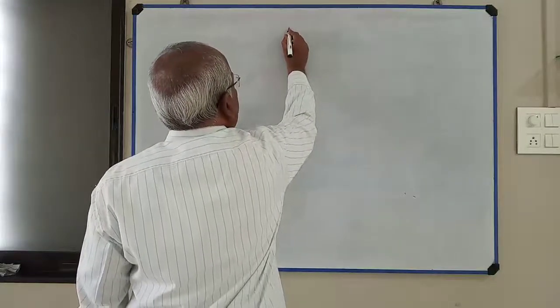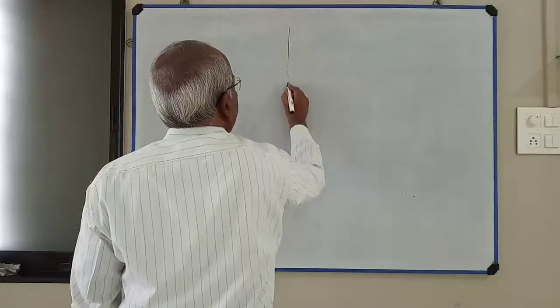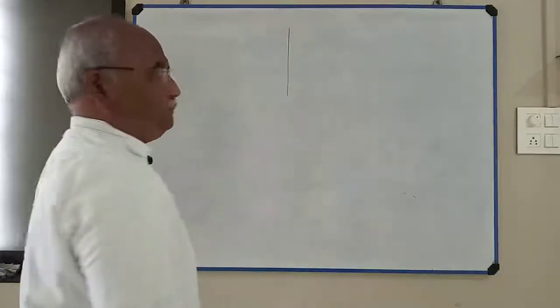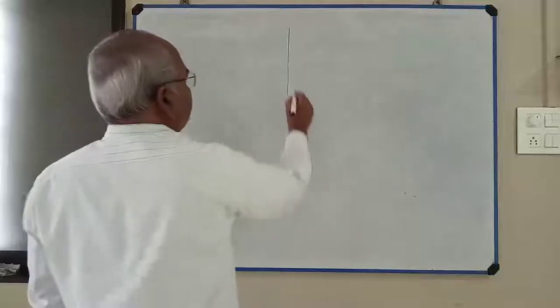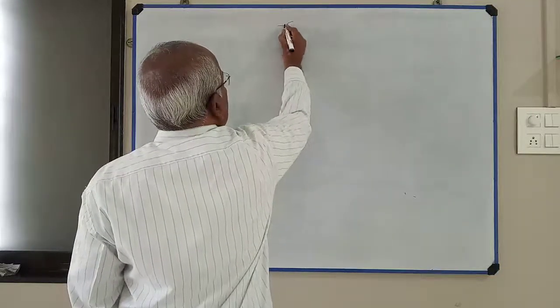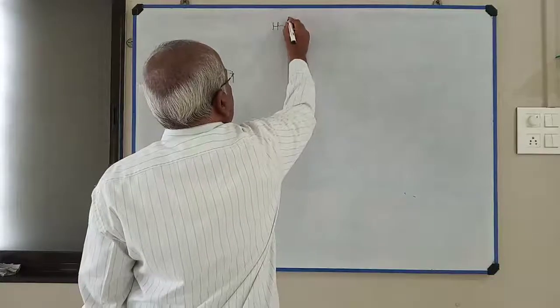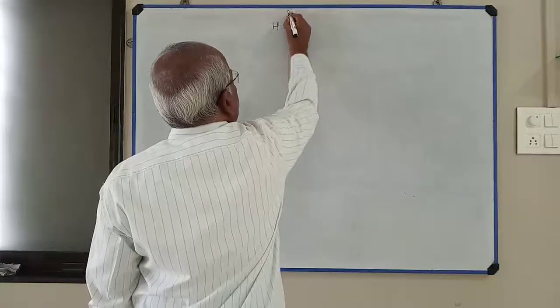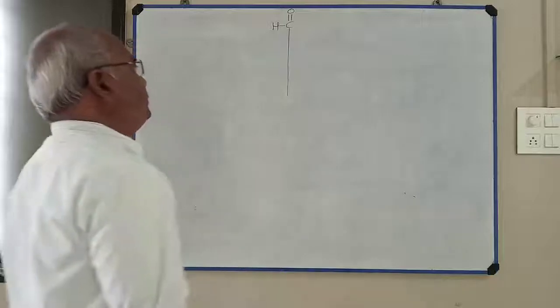So here I represent a vertical line. Here is CHO group. Aldehyde group I represent in a different way.